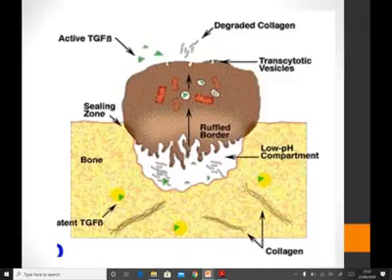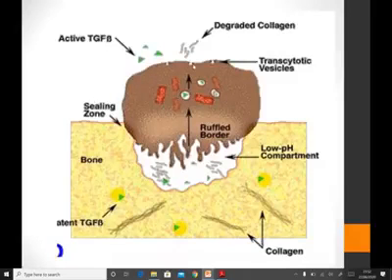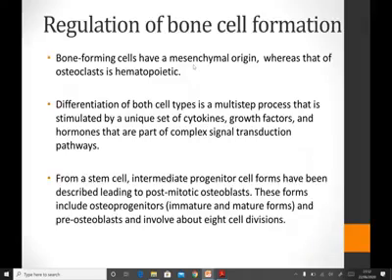This process is called the transcytosis of the vesicle. At the opposite border, those degraded molecules exit the osteoclast, and that is how the resorption of the bone was happening by the osteoclasts.